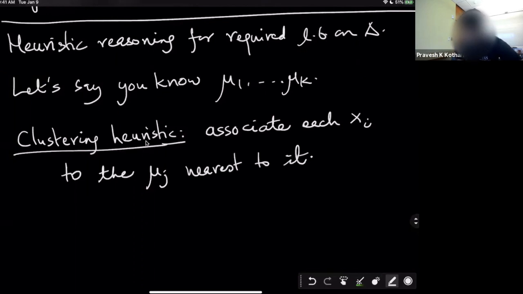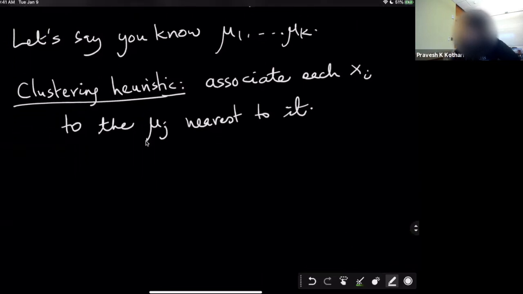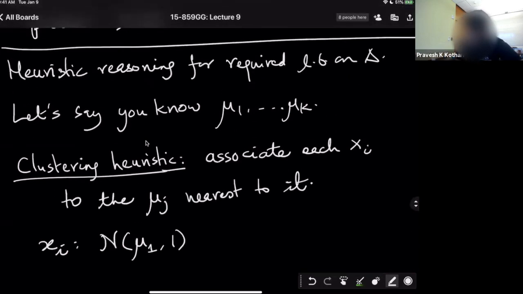We're just trying to understand, when does it roughly succeed? Okay. So when will it succeed? Let's say xi was generated from mu sub 1. And let's say, I should have said this before, that we are working in d equals 1, just for the purpose of this heuristic reasoning, so that we don't have to worry about these vectors. They're just like numbers now.